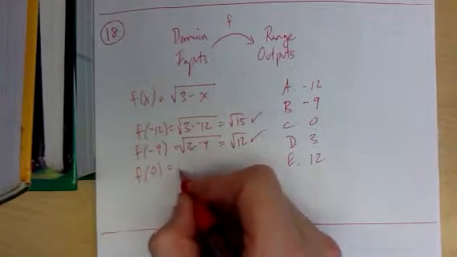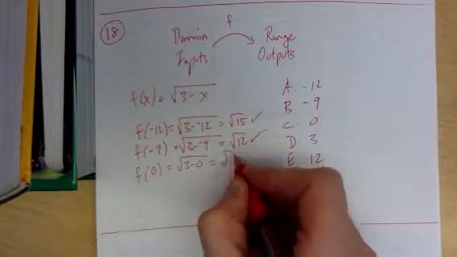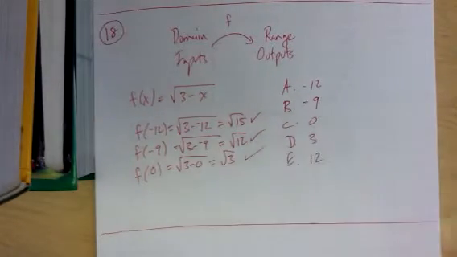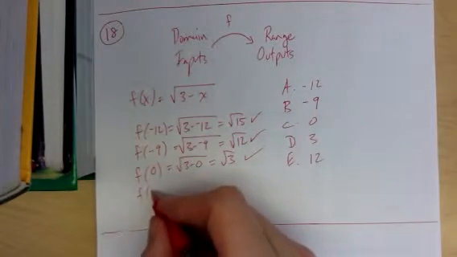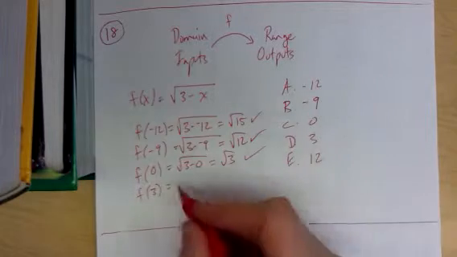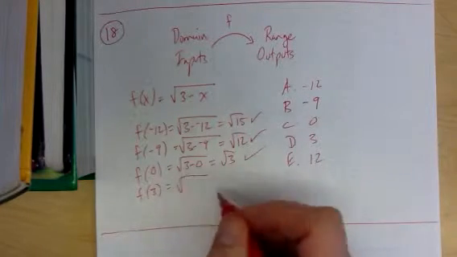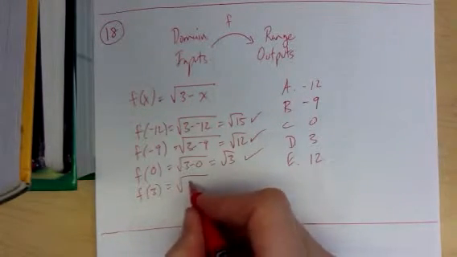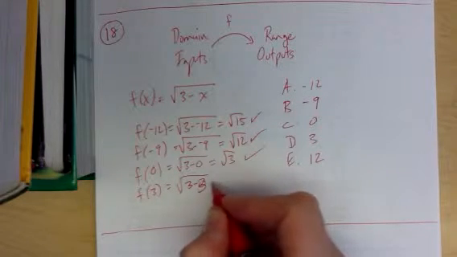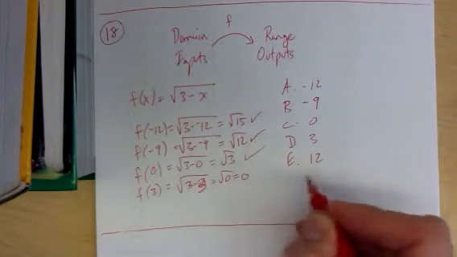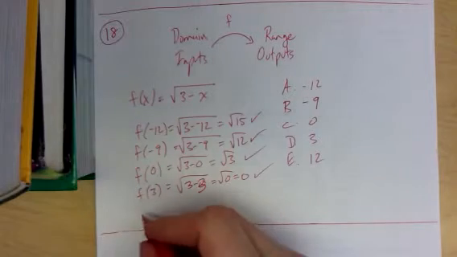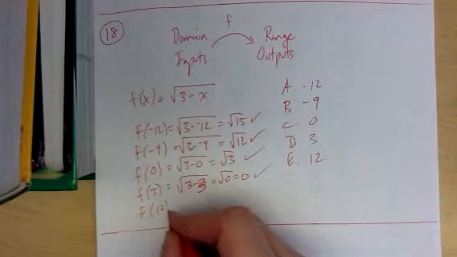F of 0, 3 minus 0, square root of 3, that's real. F of 3 is going to be 3 minus 3, which is the square root of 0, which is 0. No problem with that.